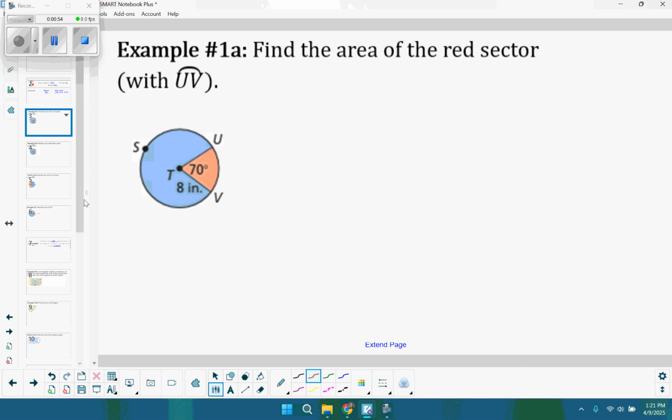So for example 1a, we're going to find the area of the red sector, which would be the one with arc UV. The degrees of the sector that has arc UV is 70. So 70 over 360 equals area of the sector, which is what we don't know, so x over pi r squared. And in my problem, I know my radius is 8.